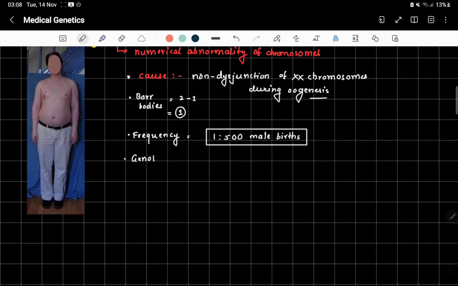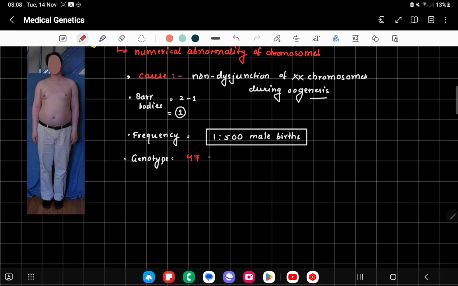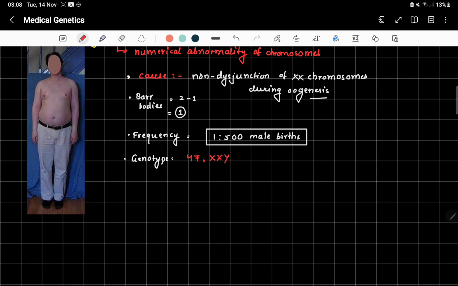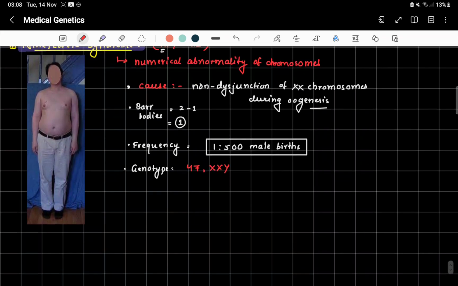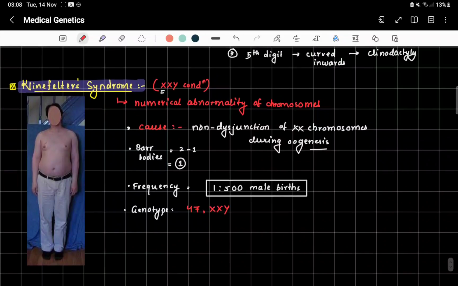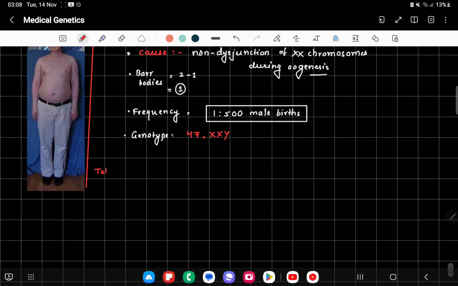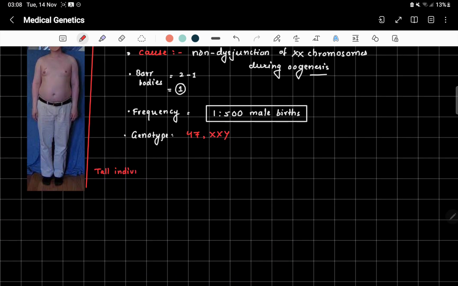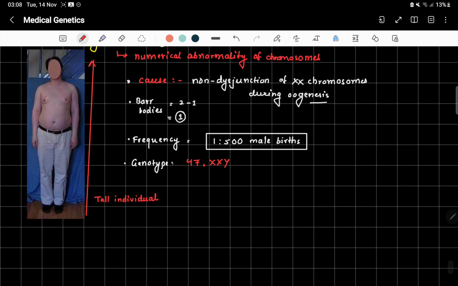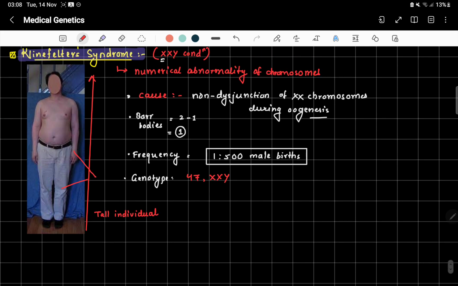So genotype is 47XXY with bar body present. And the characteristic clinical features will be tall individual with long arms and legs. Let us observe this. We'll discuss the features here. Tall individual, long arms and legs.